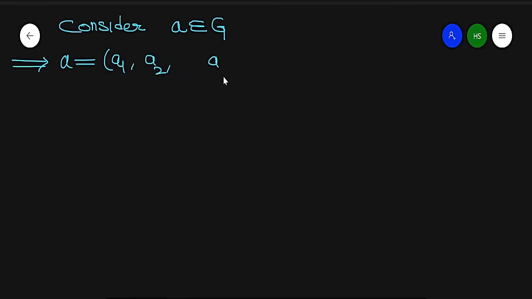Now the third part: consider some A belonging to G. Then it means this A can be written as (A1, A2, ..., Ai, ..., An), where each Ai belongs to G, because it is an external direct product of these values.